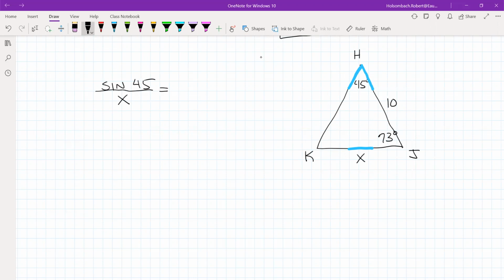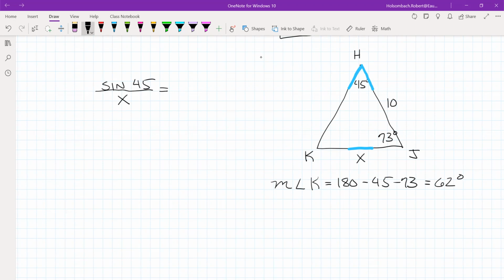But if we know two angles inside of a triangle, can't we find the third angle? Doesn't the measure of angle K equal 180 minus 45 minus 73? So make sure you find that angle measure first. 62 degrees.